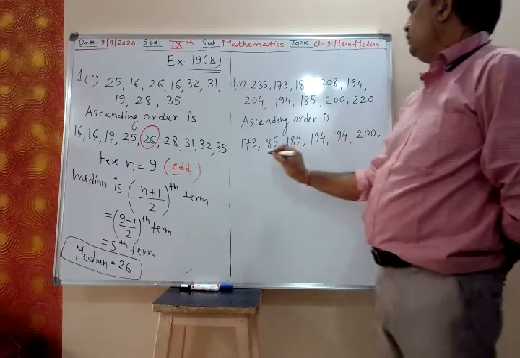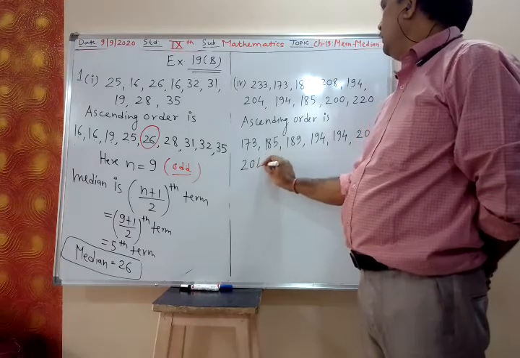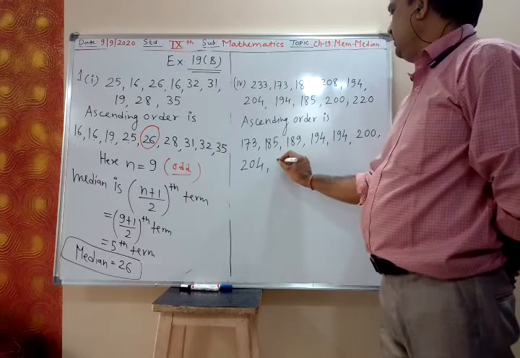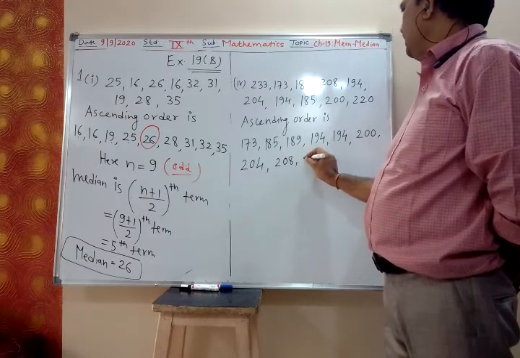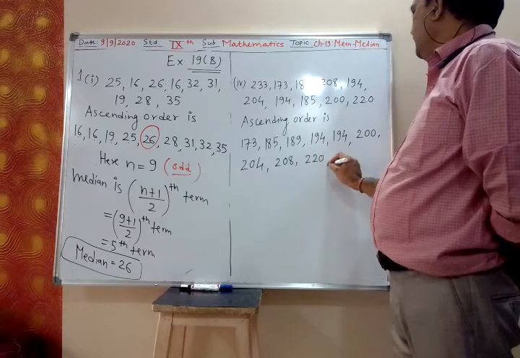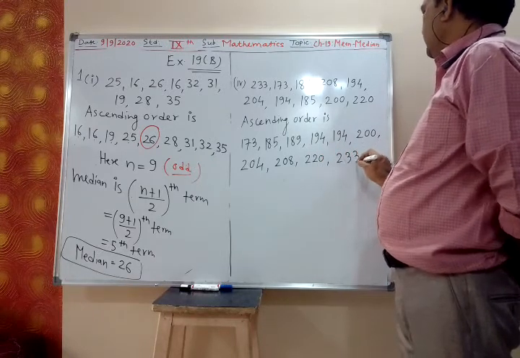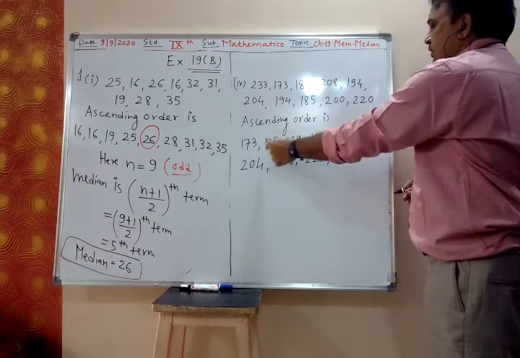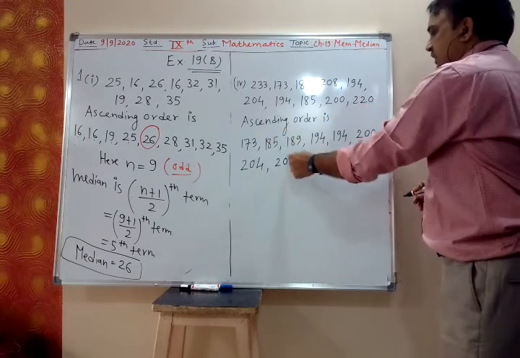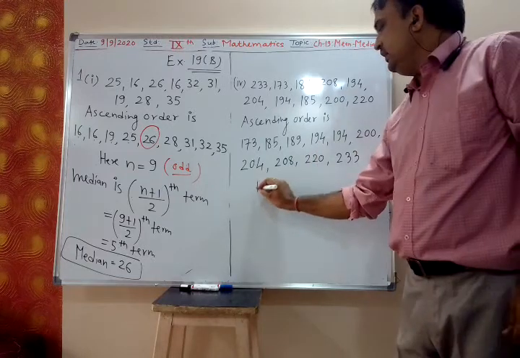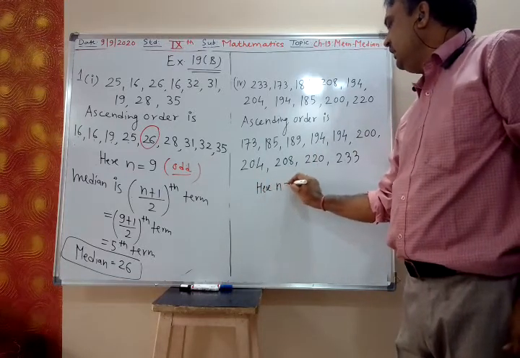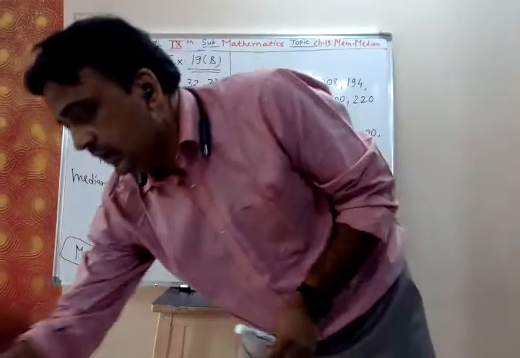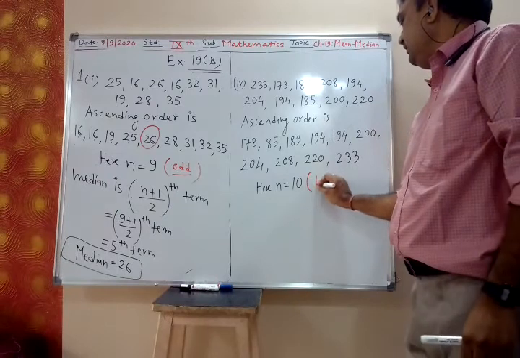After 200, it is 204. Then after 204, it is 208. After 208, it is 220. Then it is 233. So we have arranged the data in ascending order. Now we'll see what is n. 1, 2, 3, 4, 5, 6, 7, 8, 9, 10. Here n is 10. 10 is even.